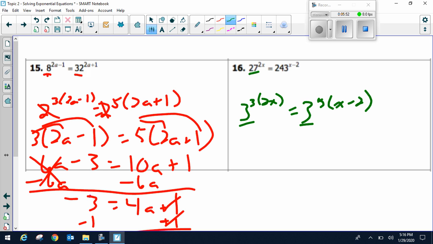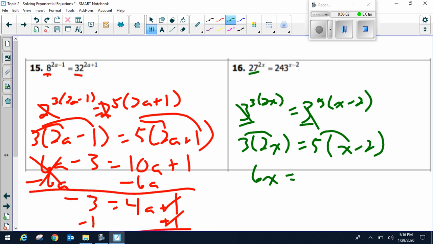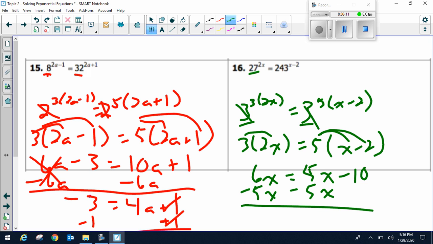So now that they have the same base, those bases drop, so it's 3 times 2x equals 5 times x minus 2. So that's going to give me 6x equals 5x minus 10. Subtract the 5x over. You get x equals negative 10.